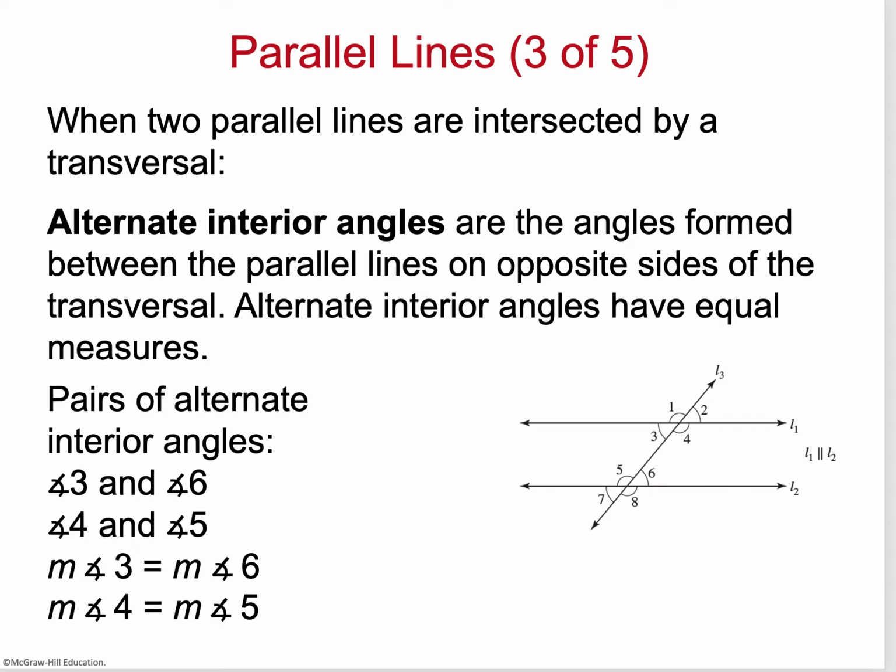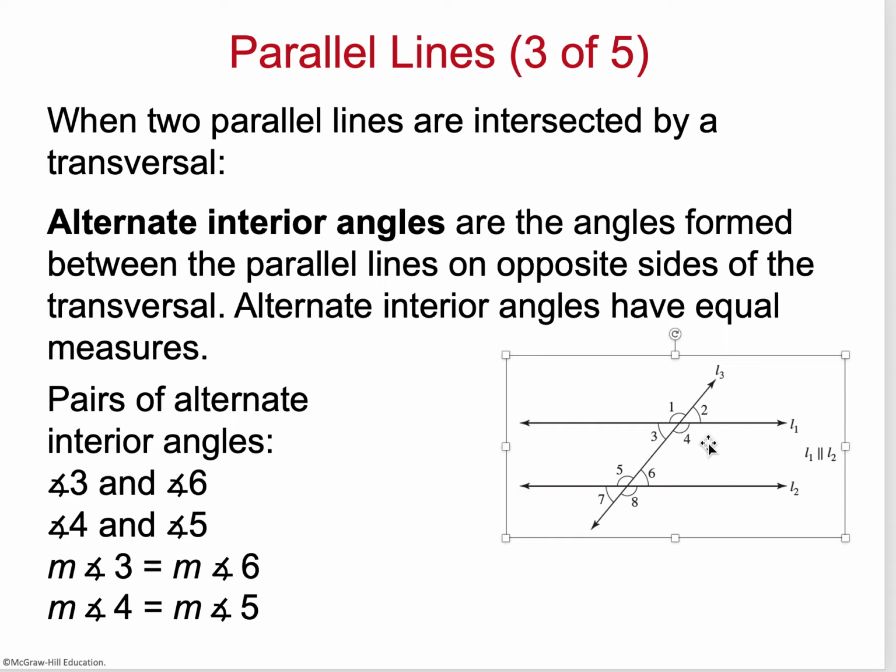When 2 parallel lines are crossed with a transversal, we have some interesting relationships. I have alternate interior angles, so angles that are inside the parallel lines but on opposite sides, like 3 and 6, are equal. The same applies to 4 and 5. They're inside the parallel lines and they're on opposite sides.